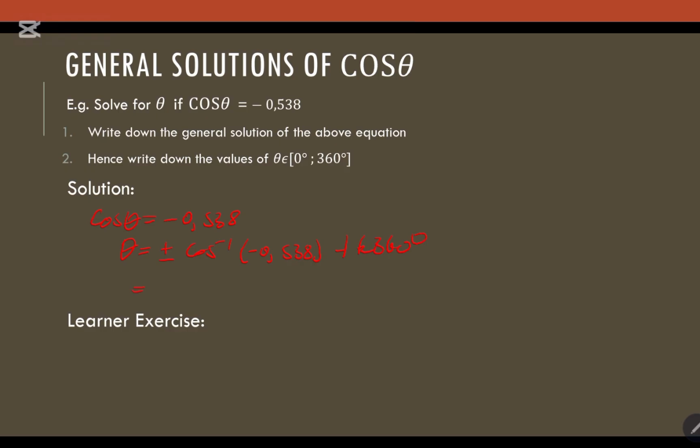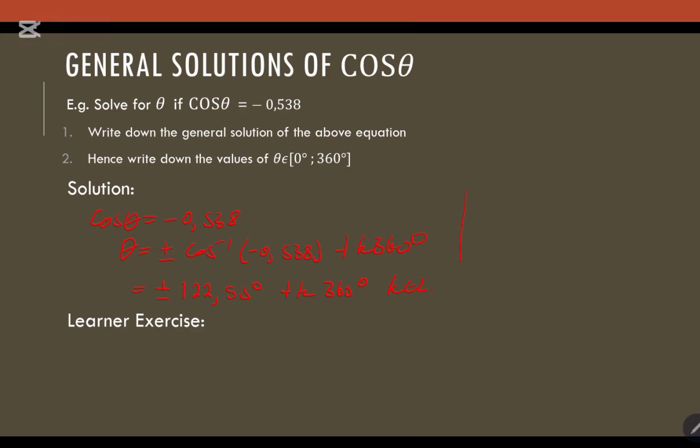Now this is the arc cos of 0.538, which is plus or minus 122.55 degrees plus k times 360, and k is an element of integers.